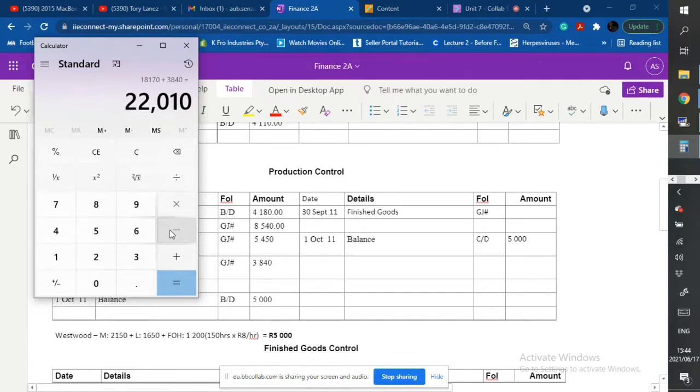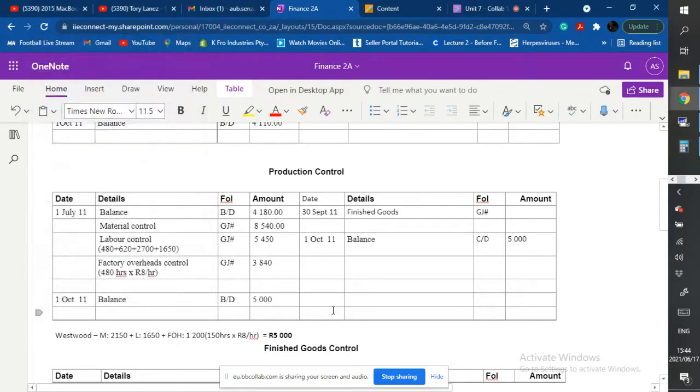Let me just write this down first. 22,010. Let's copy and paste that there. And then what we have here, posting to finished goods, is going to be the difference between the two. So 22,010 minus 5,000, you're going to get 17,010. Okay, that should be it.